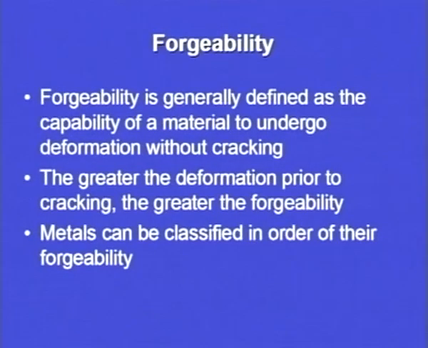If we are able to cast a material very easily, we say it is easily castable or the castability of this material is very good. Similarly, there is a term called forgeability. Forgeability is generally defined as the capability of a material to undergo deformation without cracking.